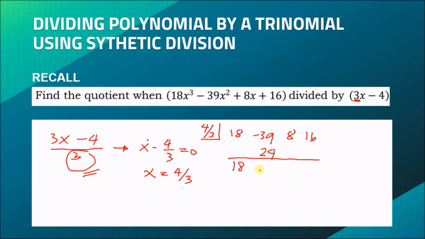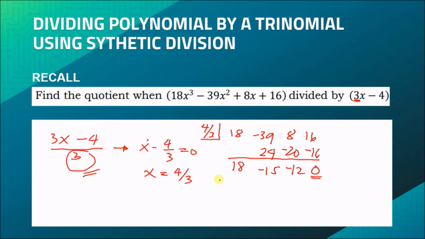Negative 39 plus 24 is negative 15. Negative 15 times 4/3, if you will simplify that, you will have negative 20. 8 plus negative 20 is negative 12. And that negative 12 will be multiplied to our 4/3. Kakaroon tayo ng negative 16 hanggang sa maging 0 dito. Kapag 0 dito, the remainder is 0. We could also say that 3x minus 4 is a factor of this given polynomial.